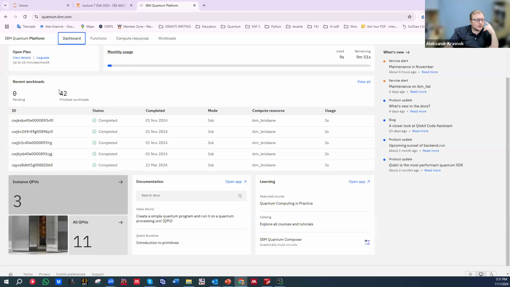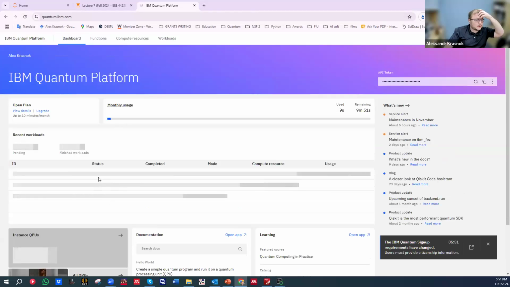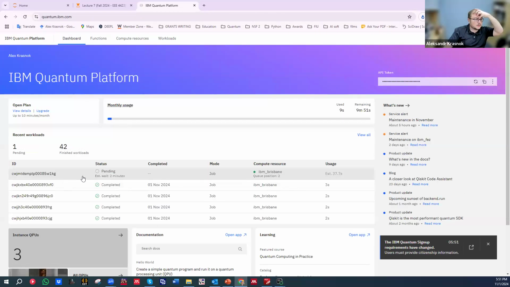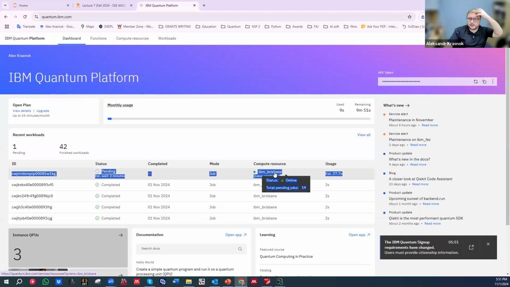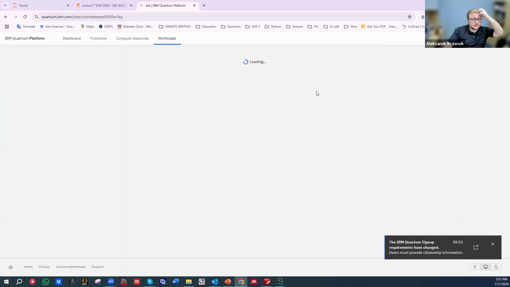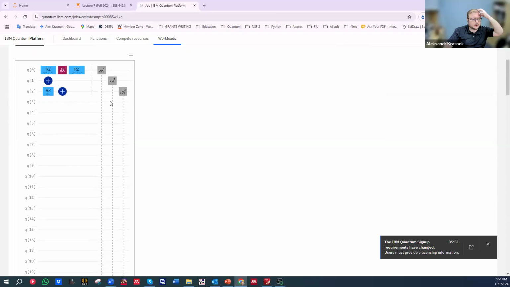If I go to my system and reload this page, yes, I get this project here, sent to IBM Brisbane, right? If I go to this particular project, I will see my circuit in here, right?